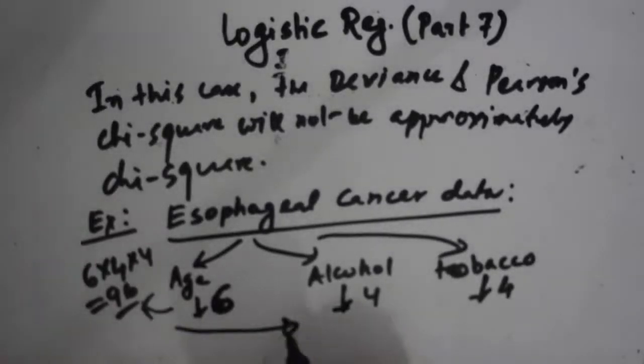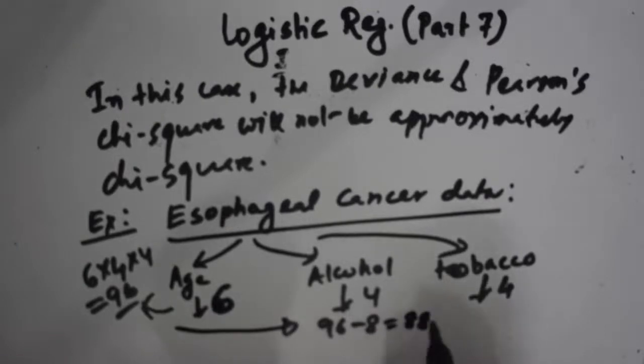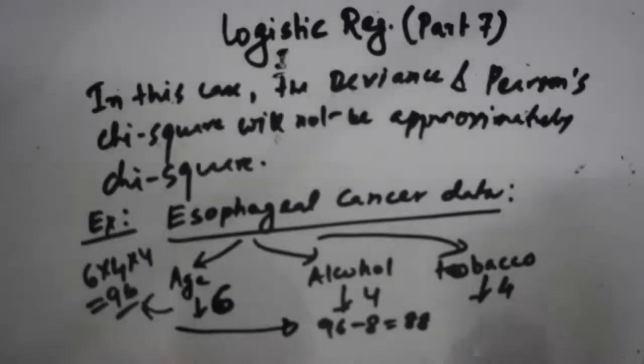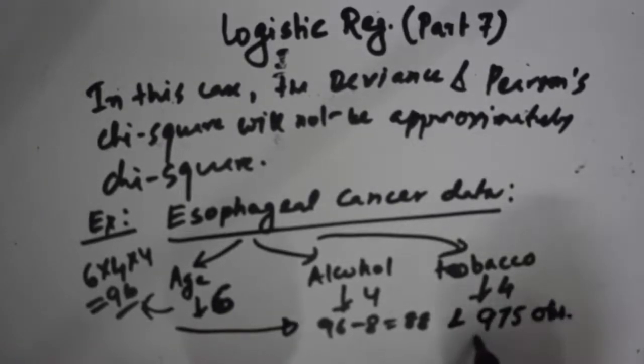So we remove these 8 strata, then we have 88 strata for this model, and we have 975 total observations.